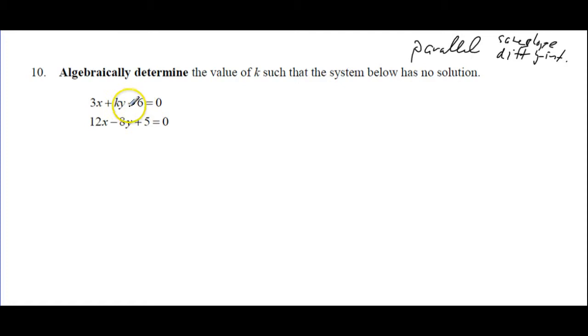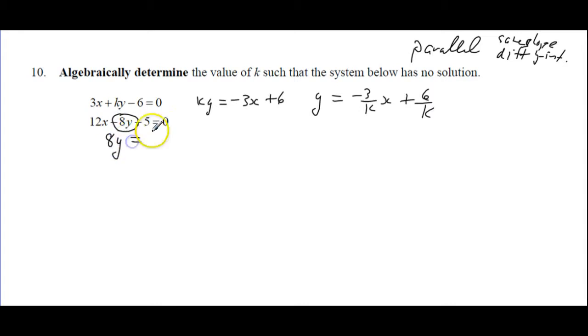Okay, so let's get this into slope form. So ky will be negative 3x plus 6. Y is equal to negative 3 over k x plus 6 over k. And here it'll be 8y is equal to 12x plus 5. So y is equal to 12 over 8 x plus 5 over 8.